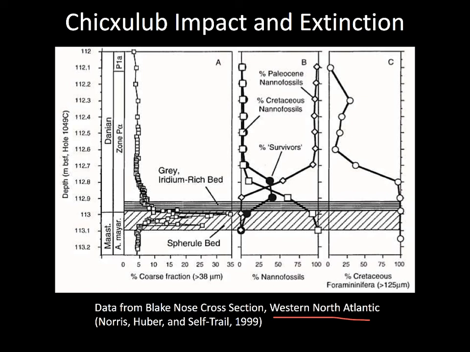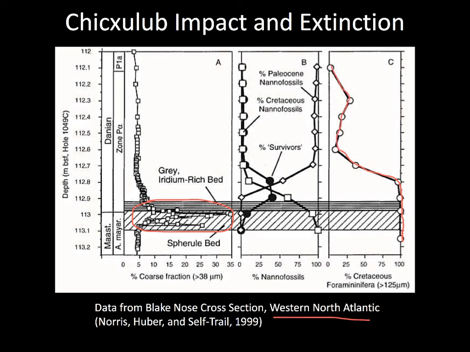So the KT boundary, you can see here, is signified by a nice spherule bed, which is iridium rich. And going across the KT boundary, these are Cretaceous forams. They categorized all the forams present in the Cretaceous rock and then analyzed what happened to them going up in the rock record. And you can see there's a precipitous drop in the presence of those Cretaceous foraminifera fossils.